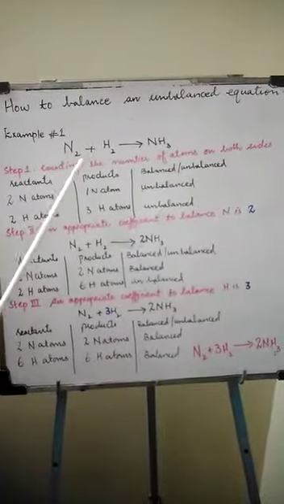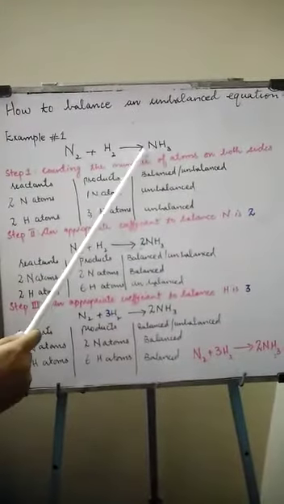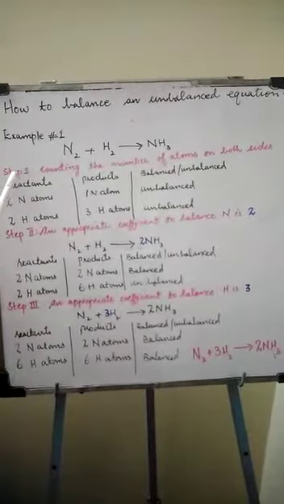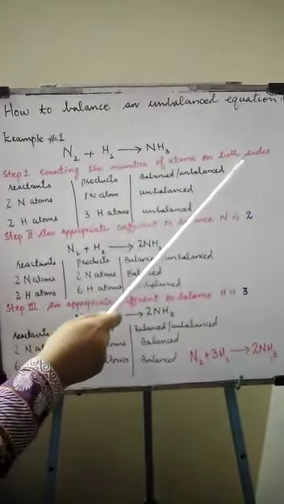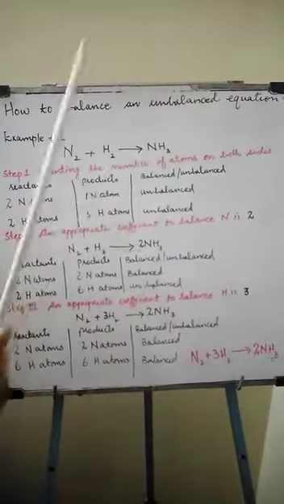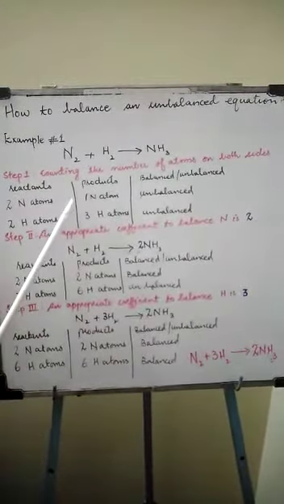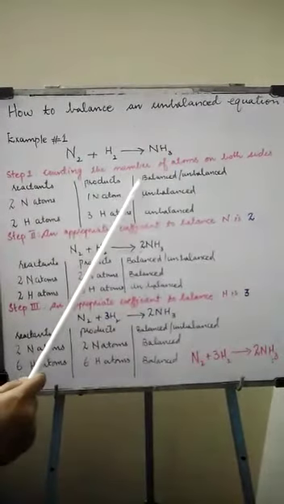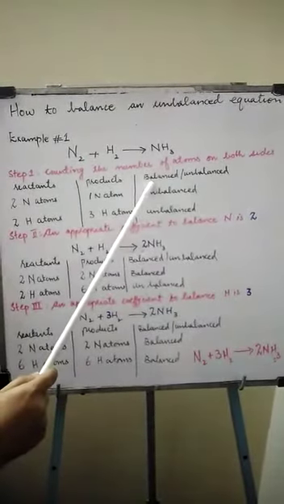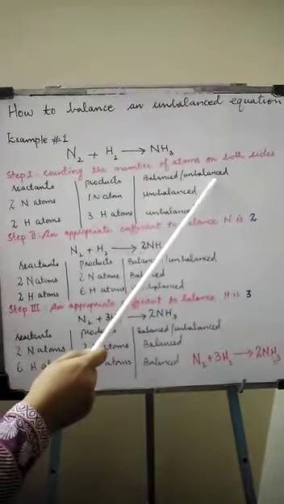In this equation, as it is an unbalanced equation, we will go for step 1, counting the number of atoms on both sides, reactant side and product side. So here I have made two columns, reactants, products, and in the third column we will write balanced or unbalanced.